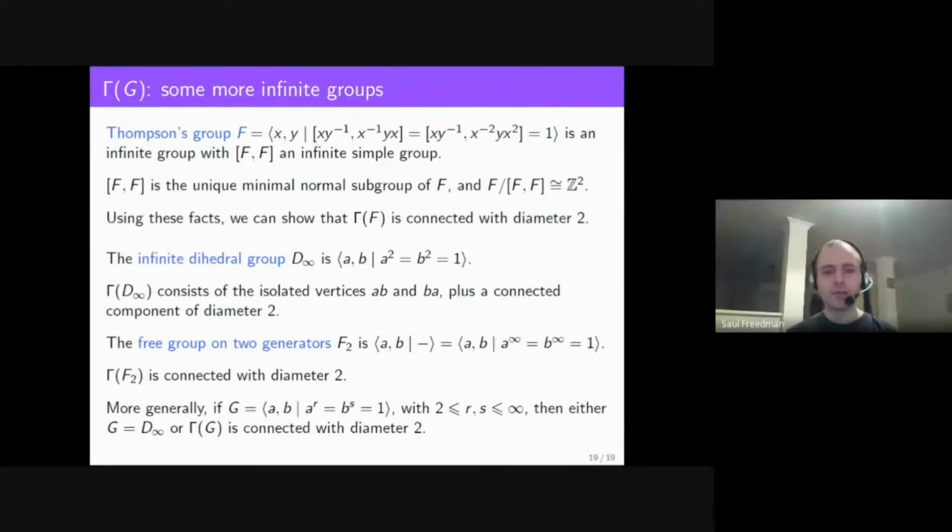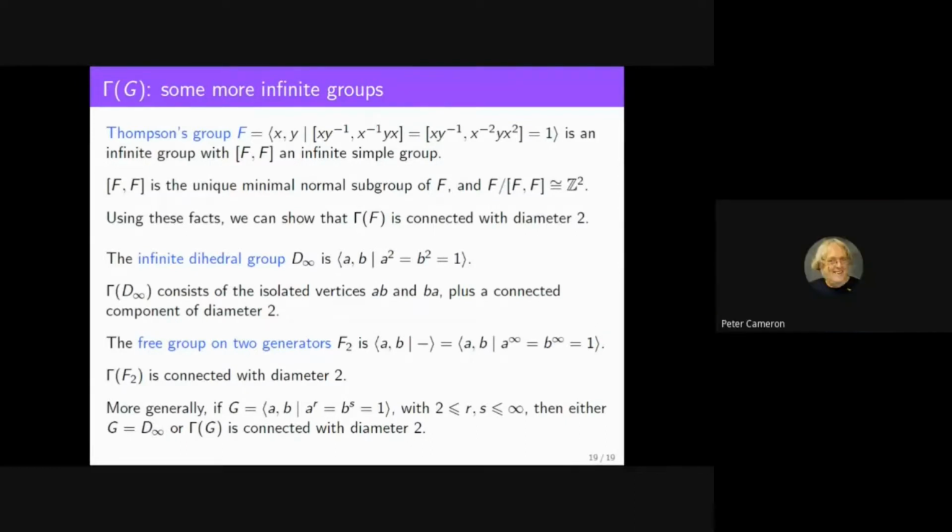So I think you can say that if you take an element which is not a generator of the infinite cyclic subgroup, then it's inverted by the involutions outside, so it doesn't commute with them. So any element apart from the two generators will be joined to all the involutions outside, and then you can get there in 2 steps. So I think that's the answer to the question.